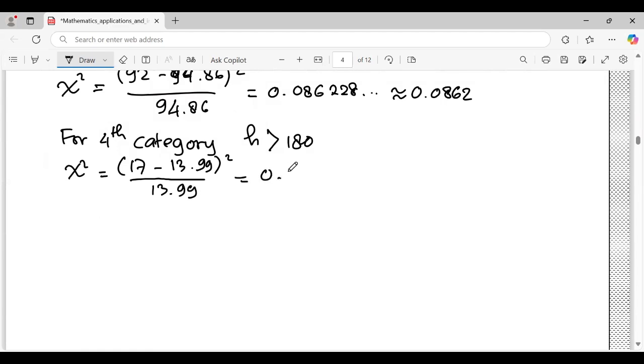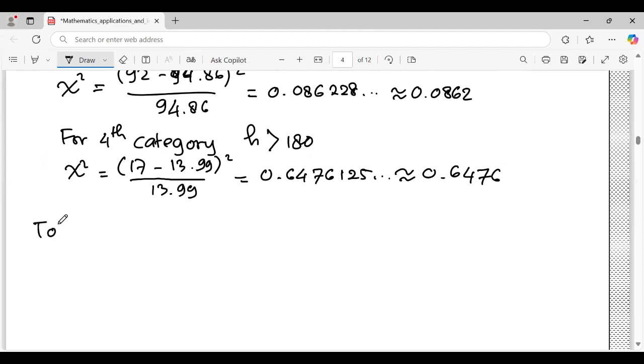The result is 0.6476125. Rounded off becomes 0.6476.